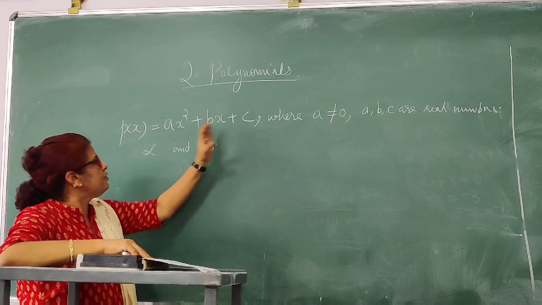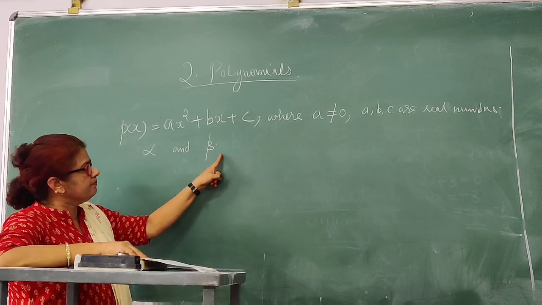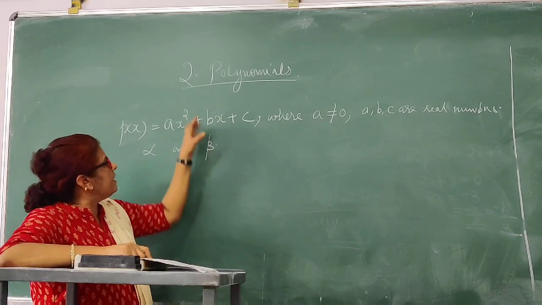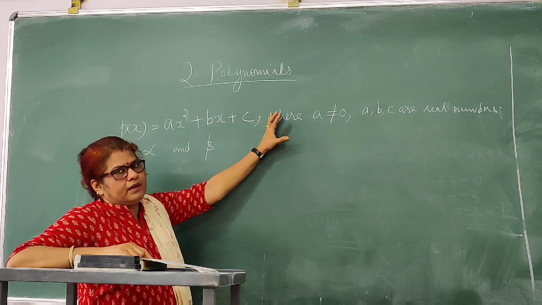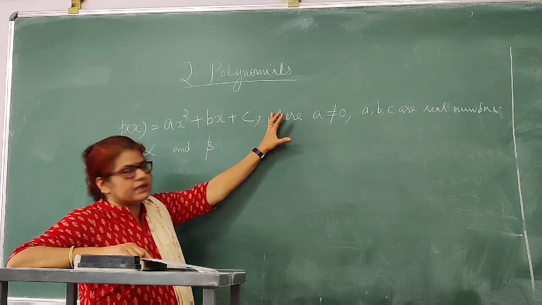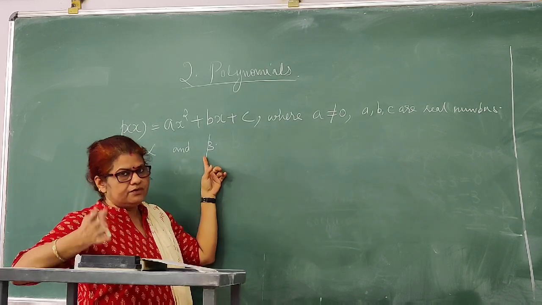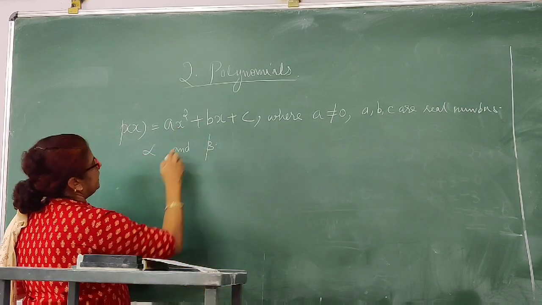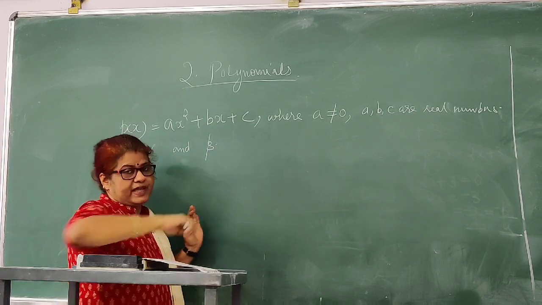And we name the two zeros as alpha and beta, which are Greek alphabets. Since we have already used the English alphabets for other things, in order to avoid confusion, we use alpha and beta for the zeros. And how to find alpha and beta, I have already explained.